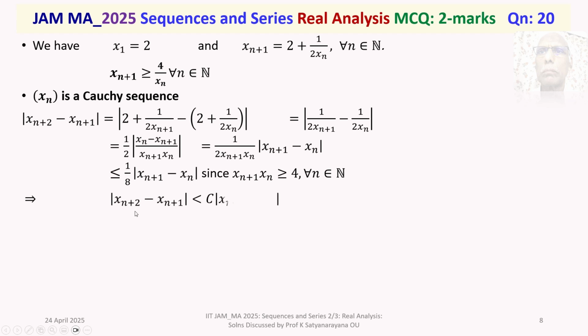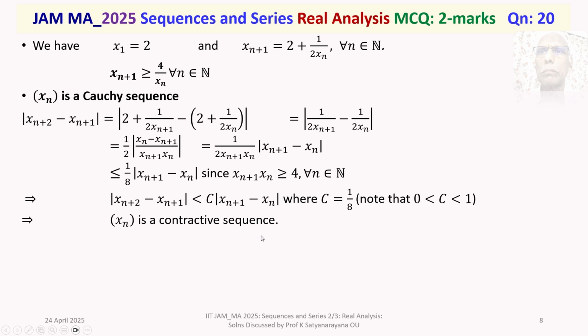So, modulus of x_{n+2} minus x_{n+1} is less than c times modulus of x_{n+1} minus x_n, where c is 1 by 8. Note that c is 1 by 8, such that 0 less than c less than 1. Therefore, the sequence is a contractive sequence.